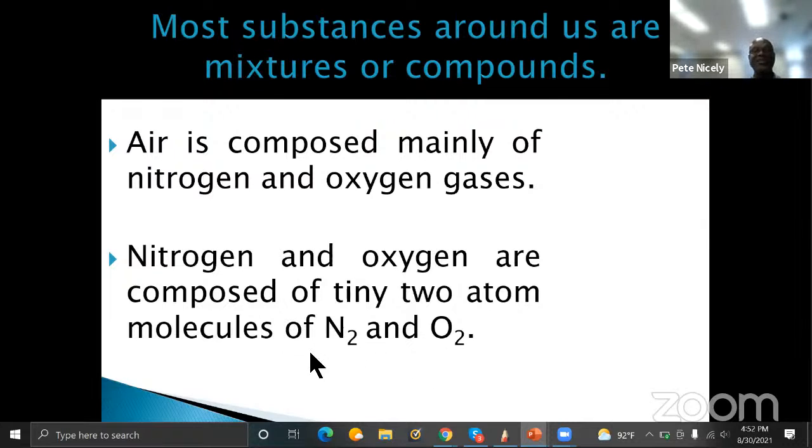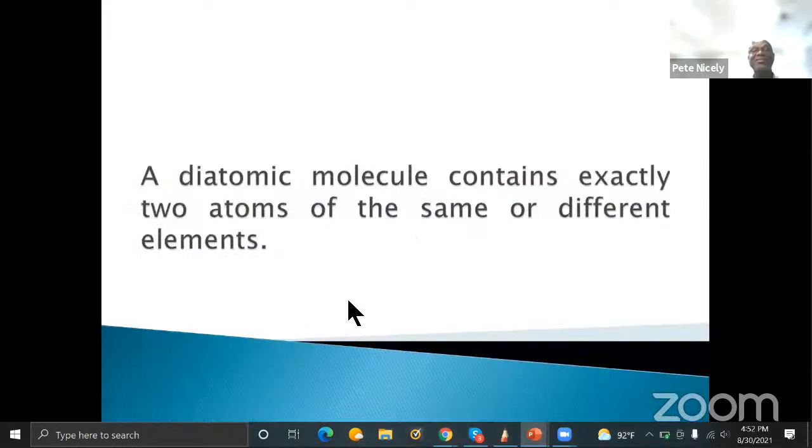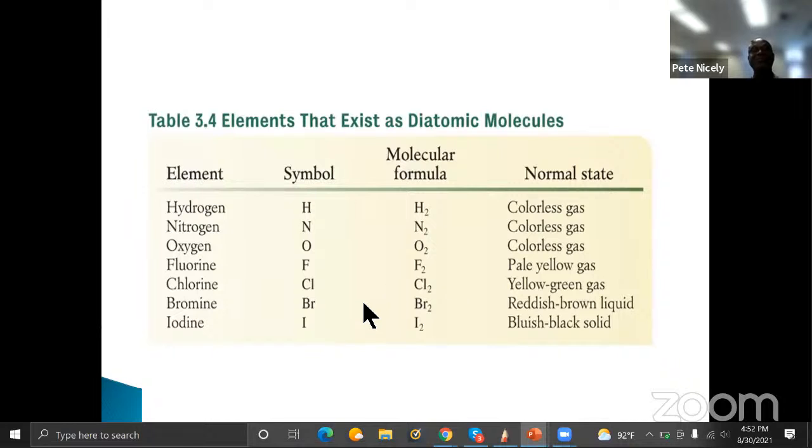So nitrogen exists as N2, and oxygen exists as O2, all right? So these elements belong to a group of elements that exist as diatomic molecules. As stated here, a diatomic molecule contains exactly 2 atoms of the same or different elements. So these elements exist in nature as diatomic molecules.